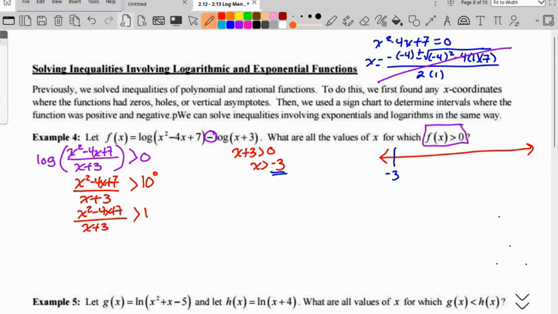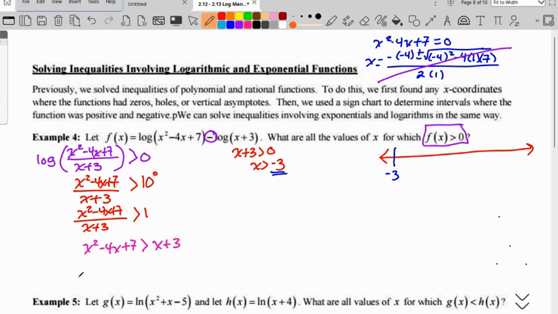All right, let's finish solving that inequality. I'm going to multiply both sides by x plus 3. That's going to give me x squared minus 4x plus 7 is greater than x plus 3.